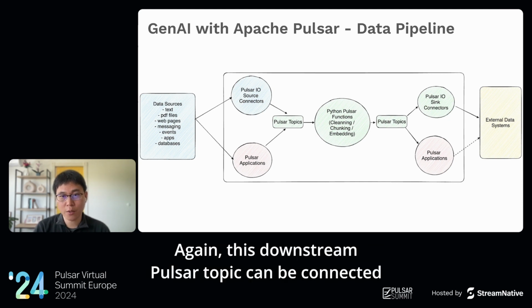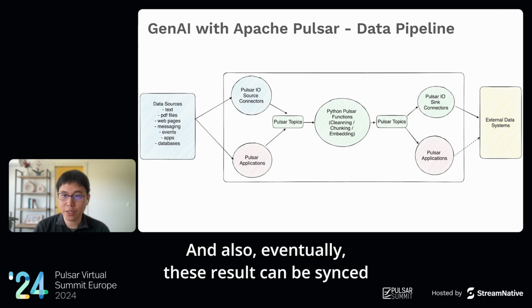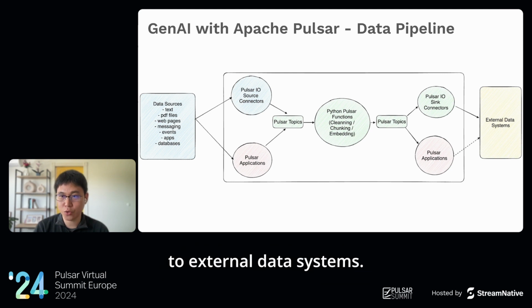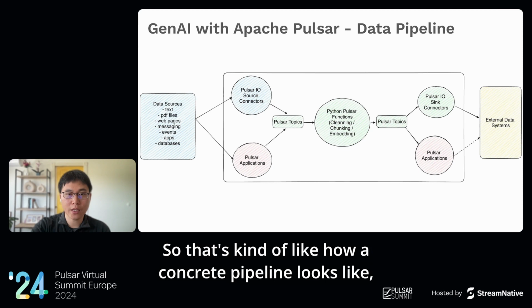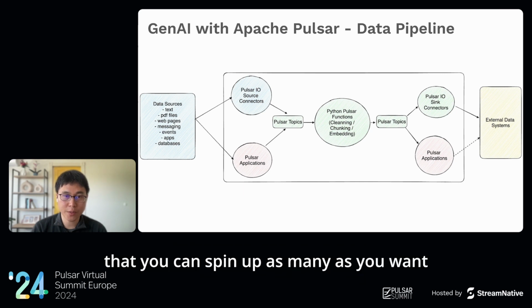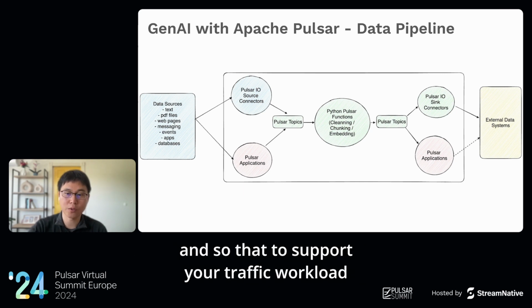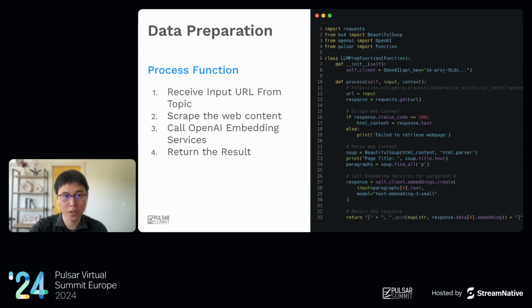Again, this downstream Pulsar topic can be connected with sink connectors or with customers' Pulsar applications, and eventually these results can be synced to external data systems. So that's how a concrete pipeline looks. But for any component here, you can imagine spinning up as many as you want, to support your traffic workload and different business needs.